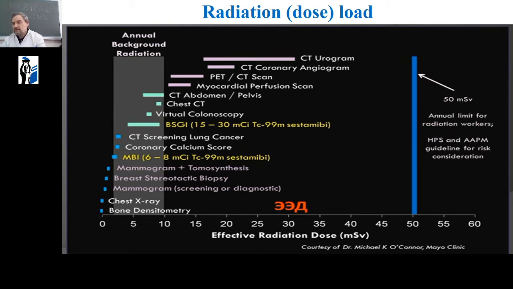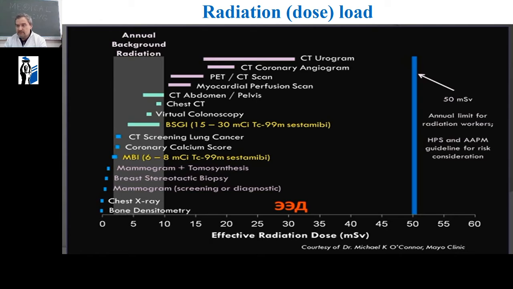On the next slide, we see how different visualization techniques using ionizing radiation relate to each other. The x-axis represents the effective radiation dose in millisieverts.